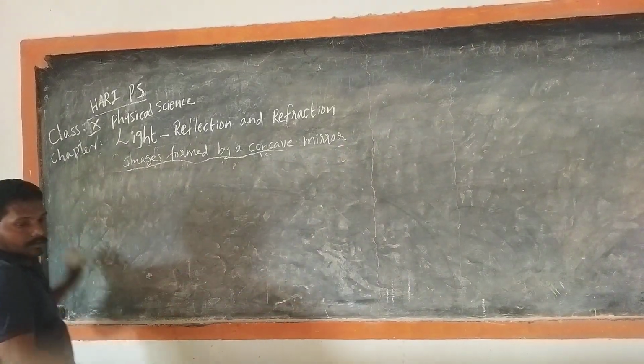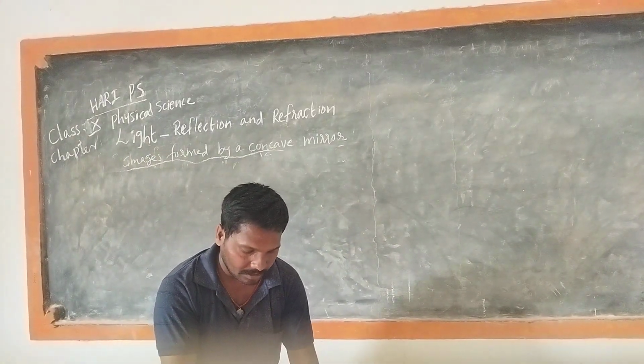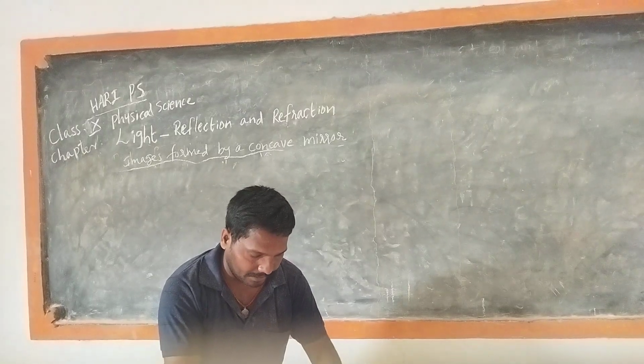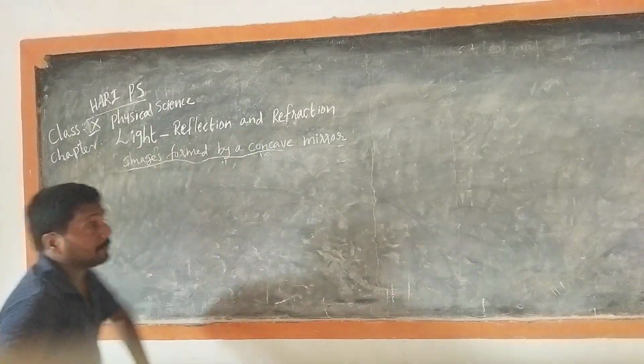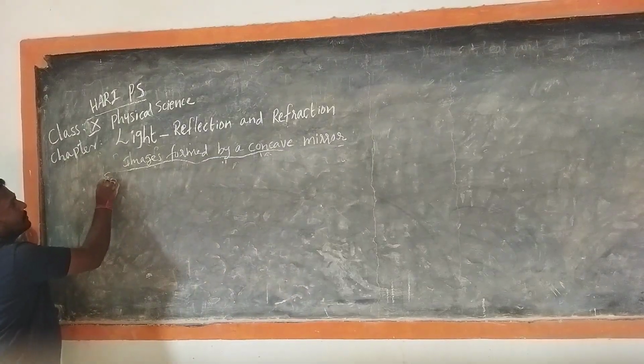Let us see whatever we discussed now by drawing the ray diagrams. By drawing ray diagrams, we will write in a tabular form: image formed by a concave mirror.